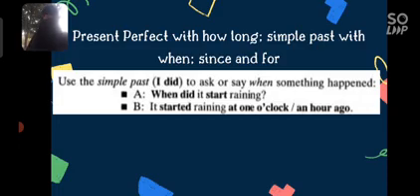So for the simple past, we use did. Or, it started raining at 1 o'clock, or an hour ago.